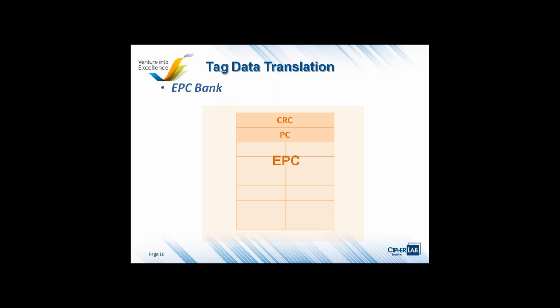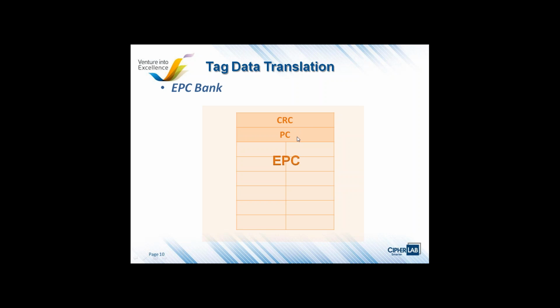Okay. So let us talk about EPC memory. The EPC includes header, general manager number, object class, and serial number. And PC, the PC full name is protocol control. It can identify user memory and check if XPC is present or not.